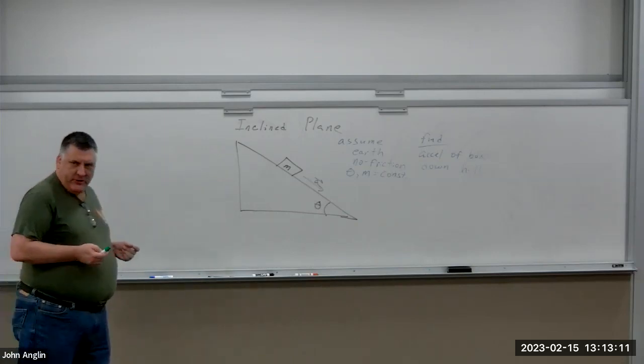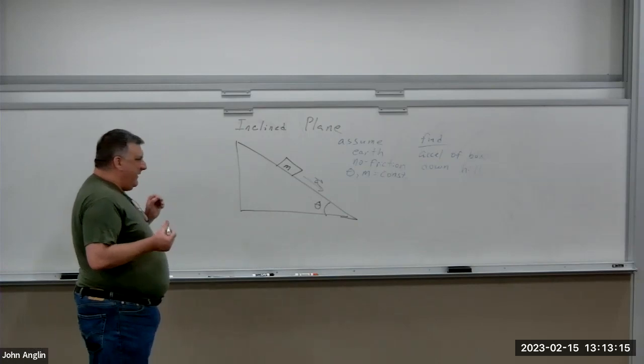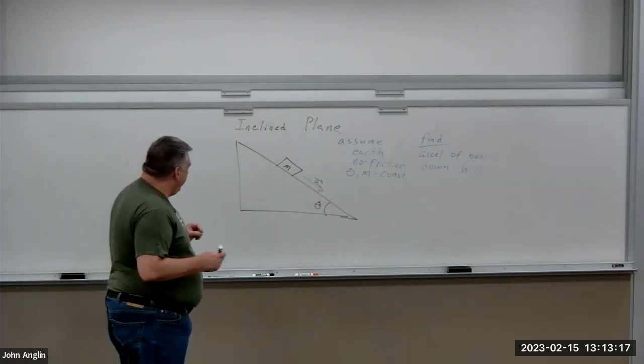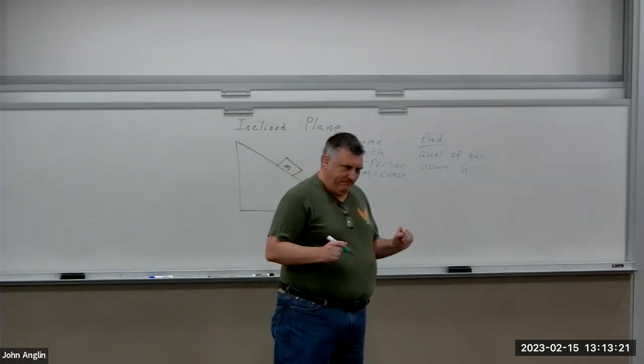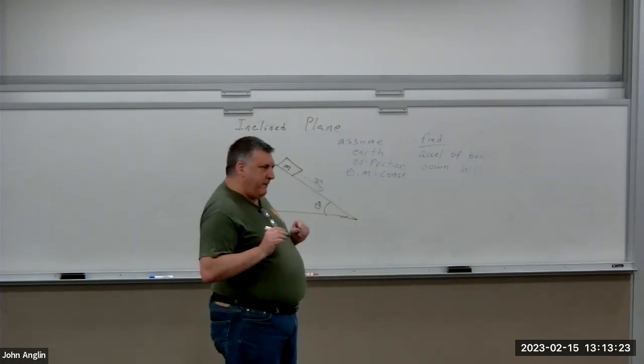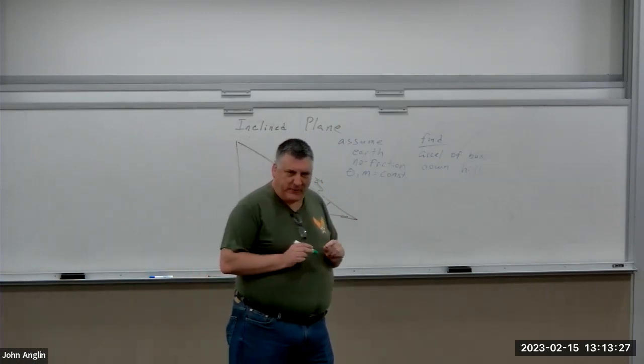The first thing we want to do whenever we solve a problem like this is we need to pick a coordinate system. Remember, physicists are lazy. I am going to pick a coordinate system that makes sense for the problem.